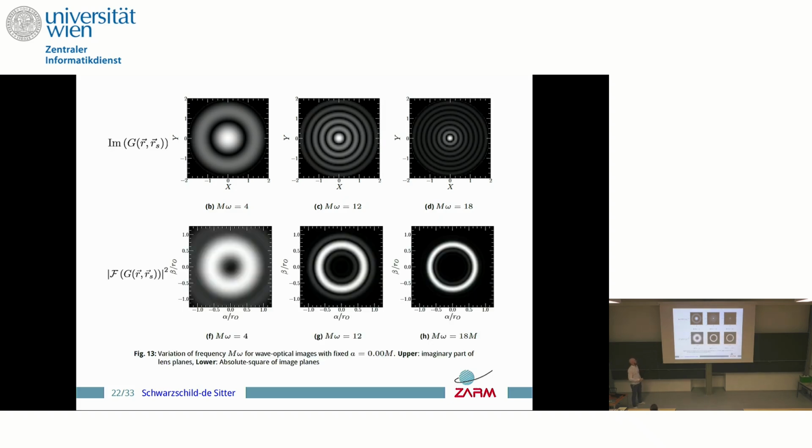But looking at the wave-optical image formation, so the Fourier transformation of our Green's function and then taking the absolute square of it, it shows that in this antipodal alignment I've just shown, the Einstein rings get sharper and sharper. This is rather to be expected. But here you now see that it's not, like in the ray-optical case, a sharp ring, but a magnitude distribution which comes from wave-optical image formation.